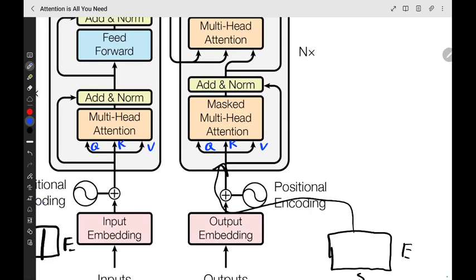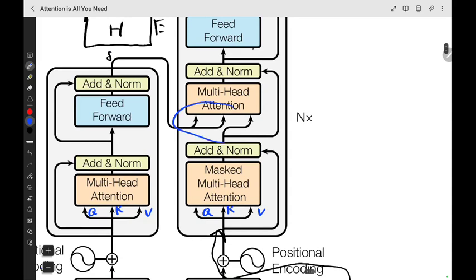You do your add and norm, and then this is the special part of the decoder, in which you take the hidden representation and find a way to encode it to the decoded representation. So what you do is you only take the queries and the keys from the hidden state.